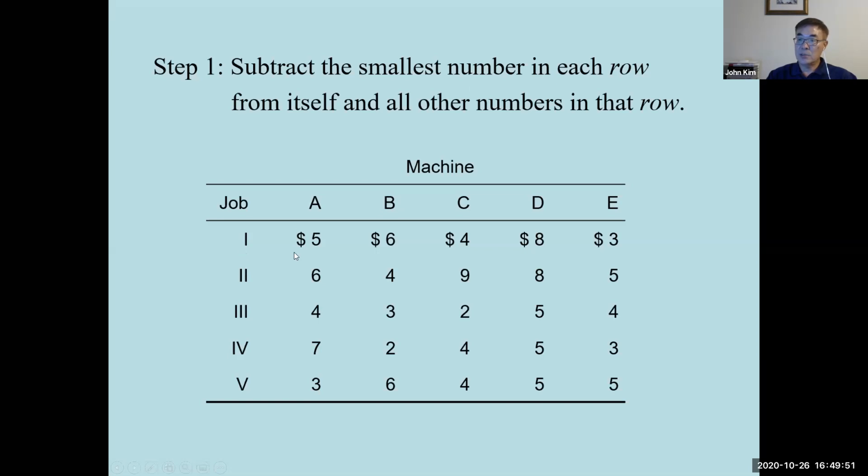On this row, 3 is the smallest. So subtract this smallest number from the numbers on the same row, including itself. So 5 minus 3 is 2, 6 minus 3 is 3, 4 minus 3 is 1, 8 minus 3 is 5, and 3 minus 3 is 0.